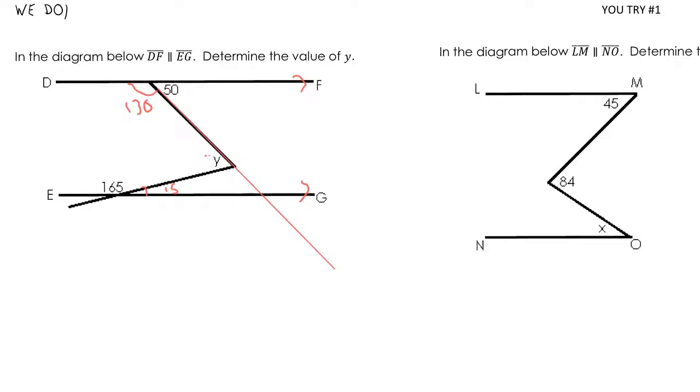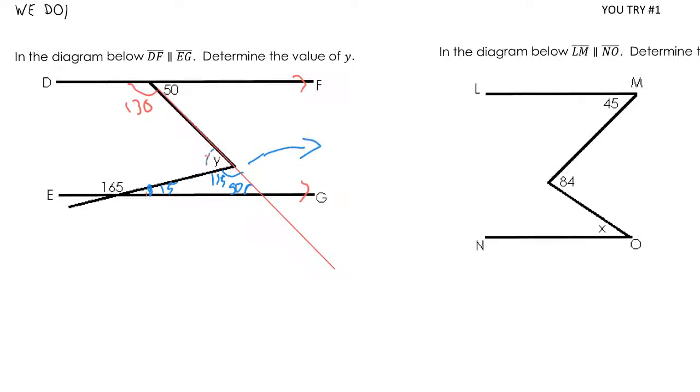I'm going to fill that in after I erase the blue so I have some room. Erase it so you can see a little better. So this one was 15. This one's 50. That means this one is 115. And I used the triangle sum theorem.